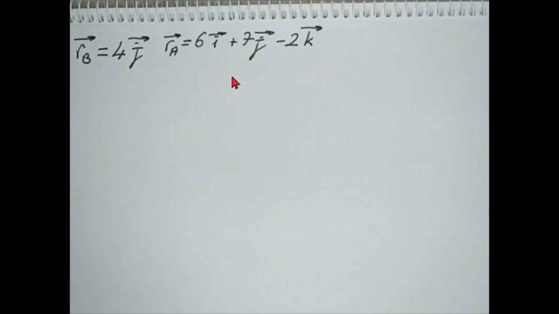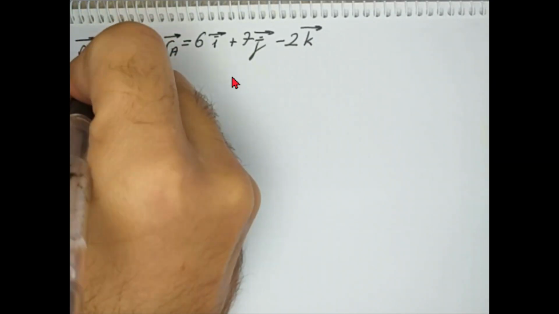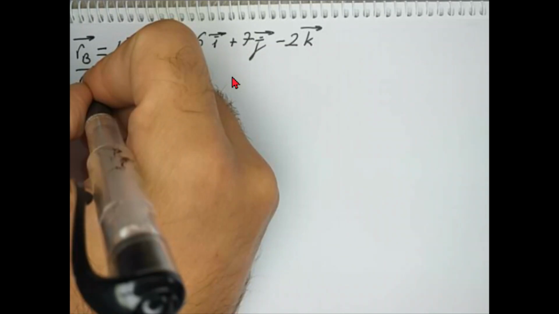That's okay. Now I know points A and B. So let's write RD as well here. RD is equal to minus 12k vector.